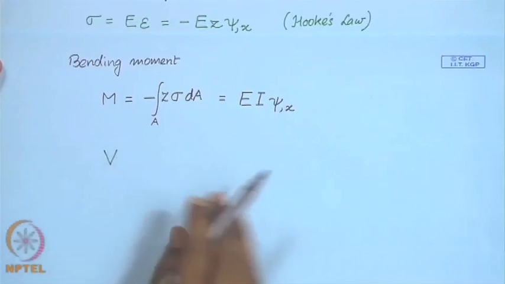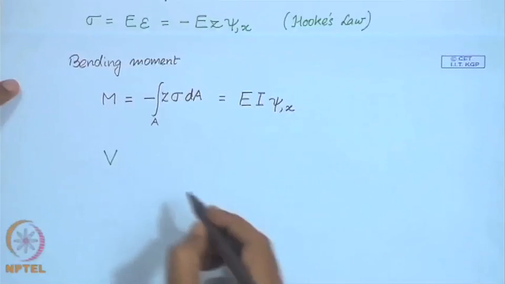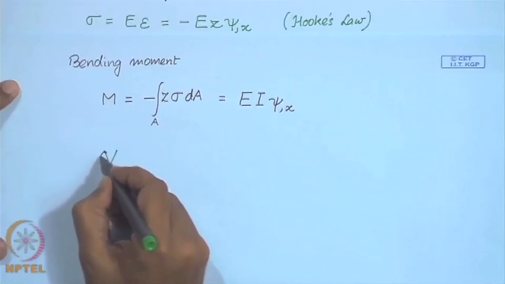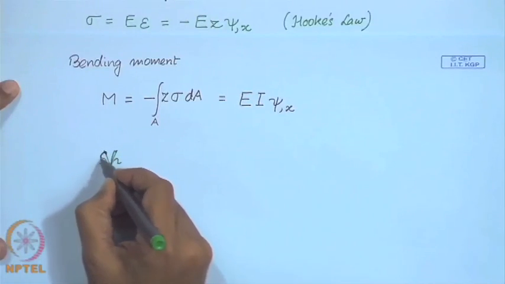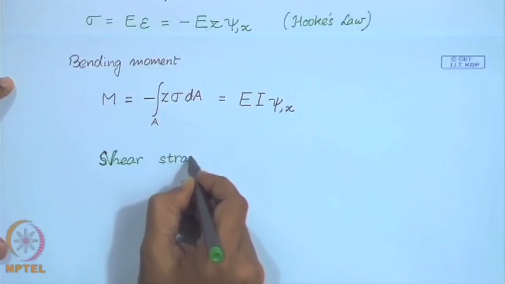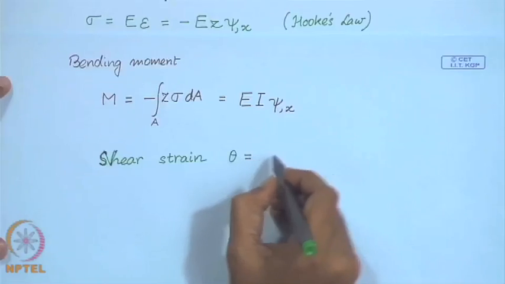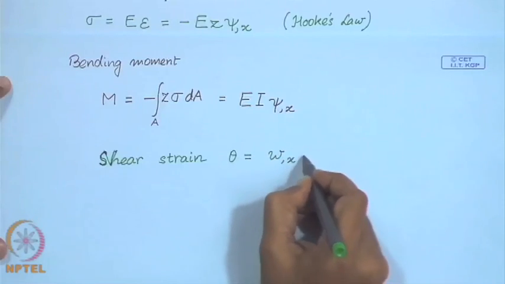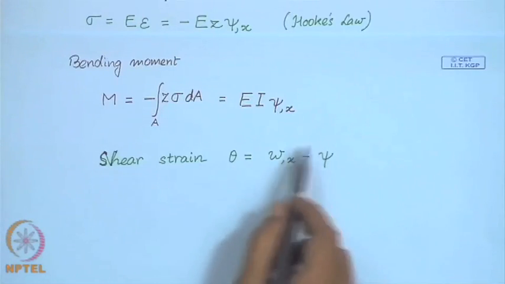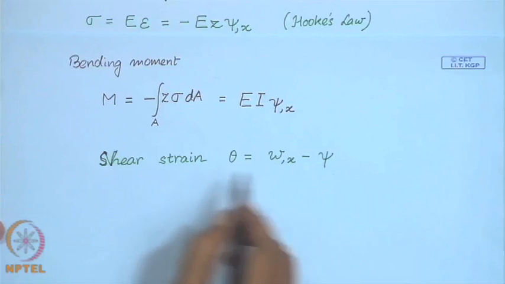But today, since we have introduced the shear strain, we know that the shear strain given by theta is nothing but del w del x minus psi. So, we can represent shear strain in terms of our field variables w and psi.